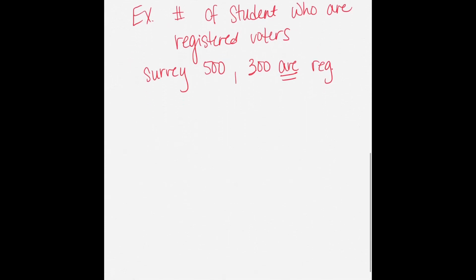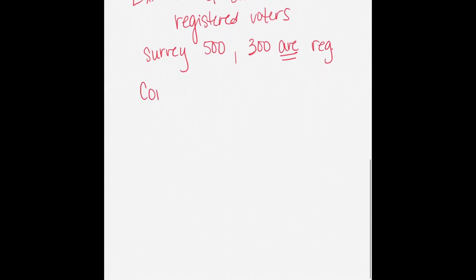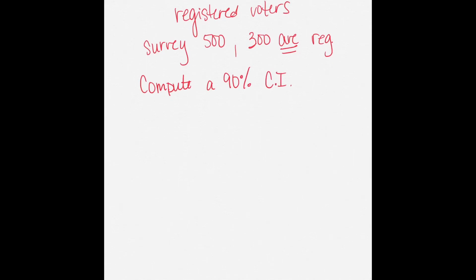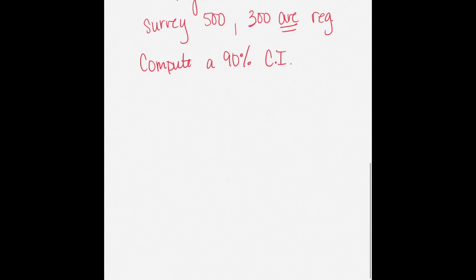So we want to compute a 90% confidence interval, CI, for the true percent of students who are registered voters. And then we'll interpret that.